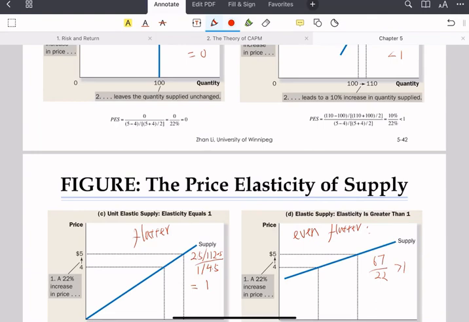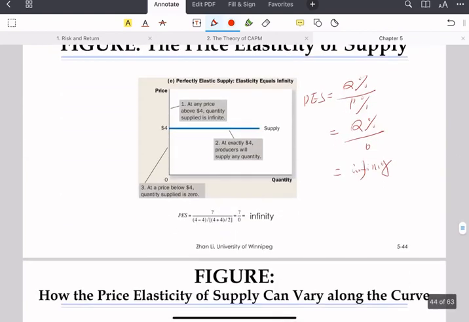So to summarize, we could say that generally, a flatter demand curve and a flatter supply curve are more elastic, right? You could even say a flatter curve is more elastic.